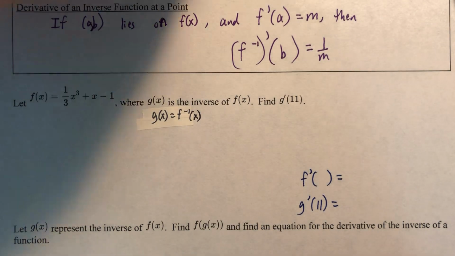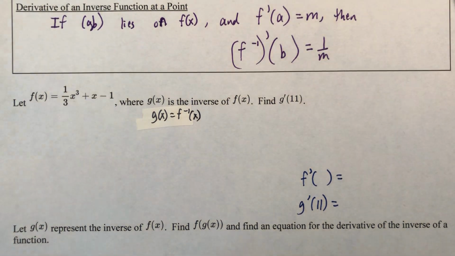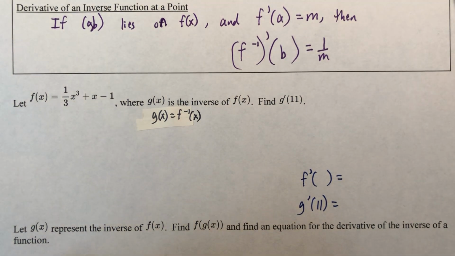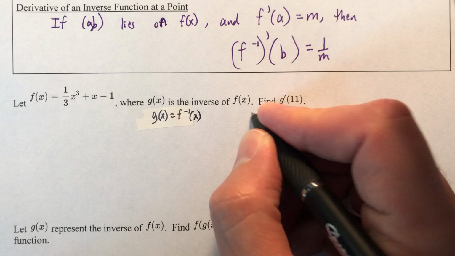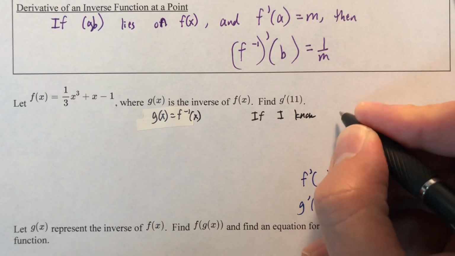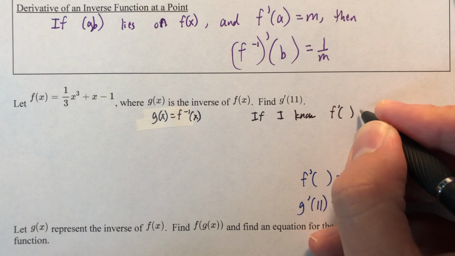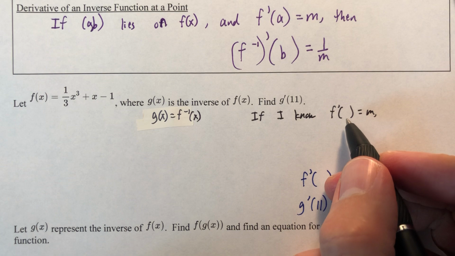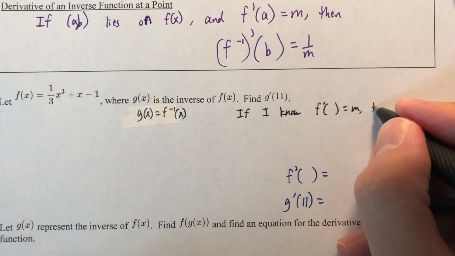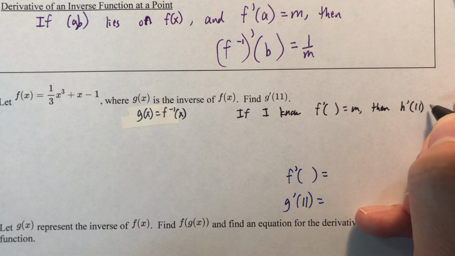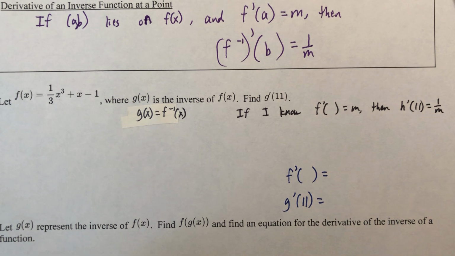Okay, let me clarify this and write a thought process that you don't have to write, but I'm going to, in black. If I know f prime of something equals m, I'm going to hold off on what goes in that blank because we don't know, then I know that g prime of 11 equals 1/m, or the reciprocal of that.